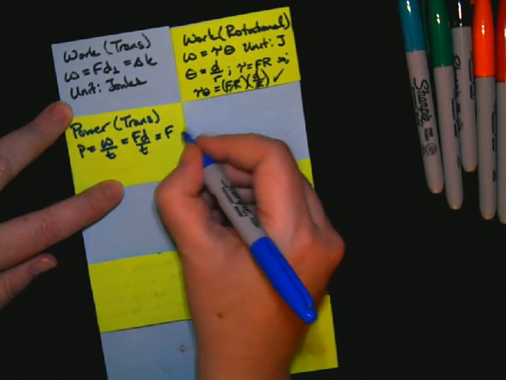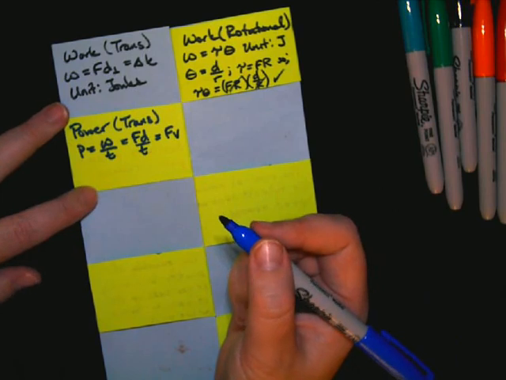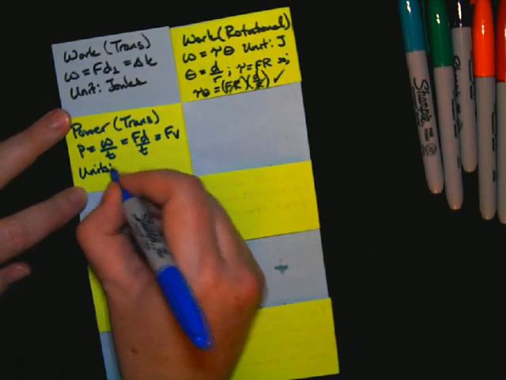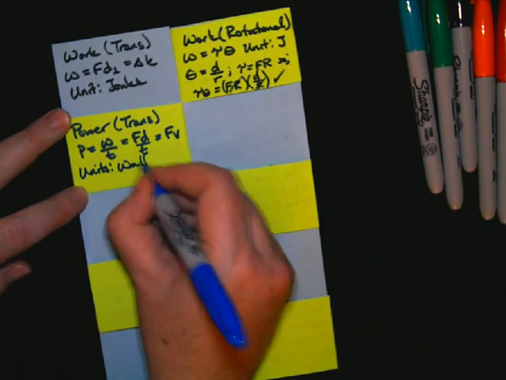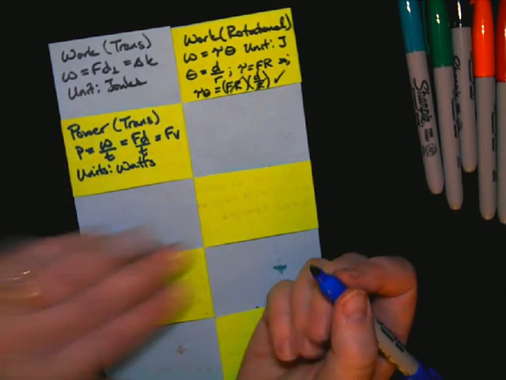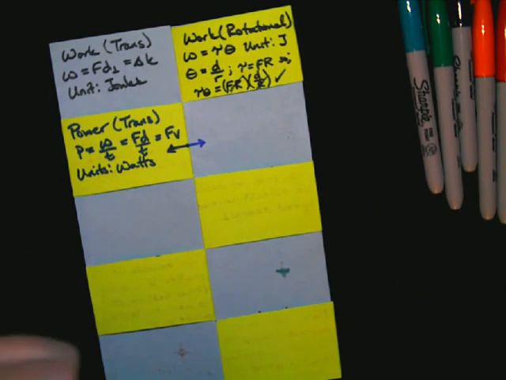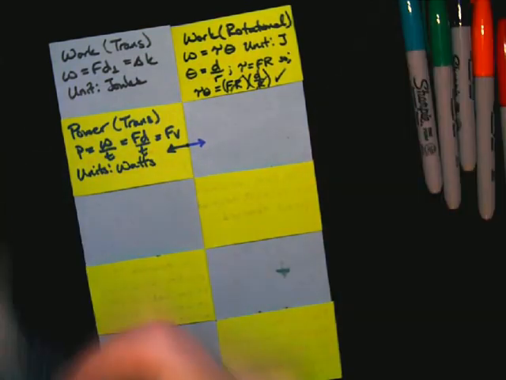So if you haven't seen that before, there it is. And then units, again, for power is watts. Oh, I didn't do my little connection arrow, because these do go together just like our other analogs earlier.